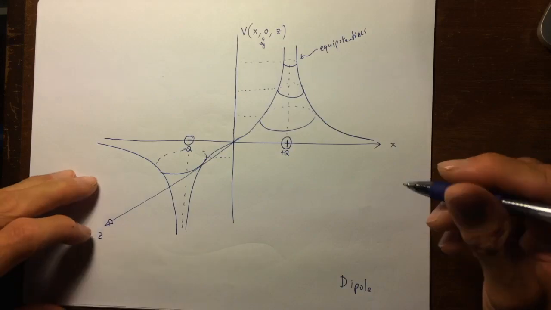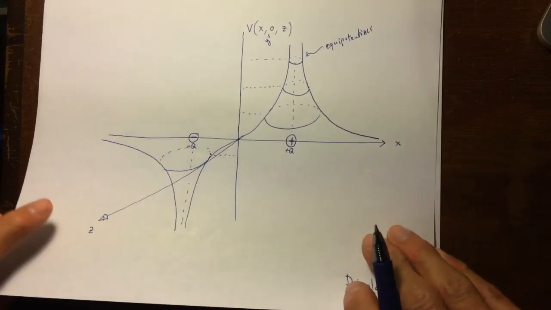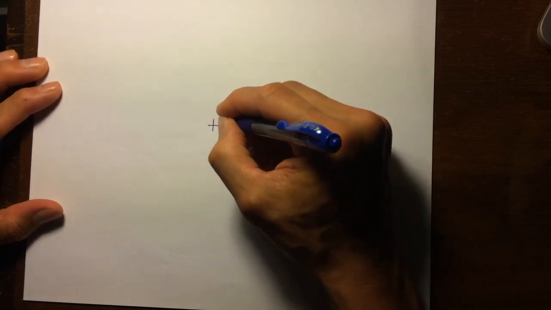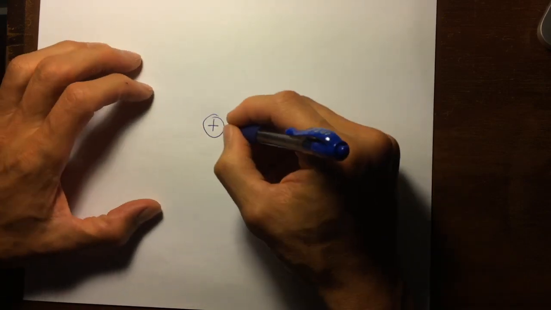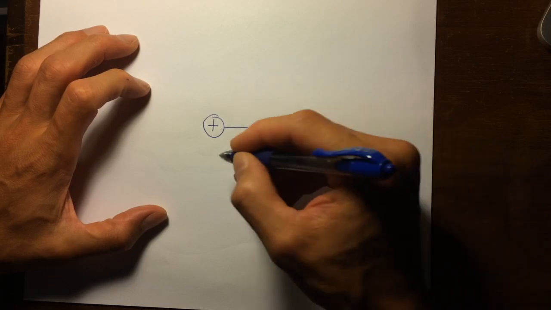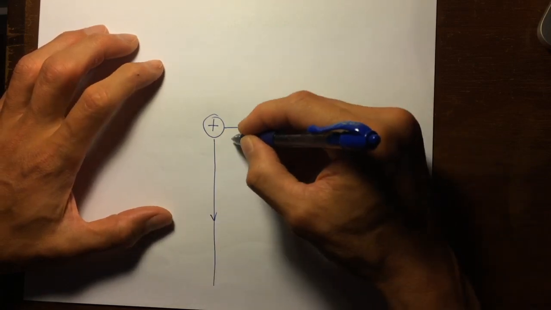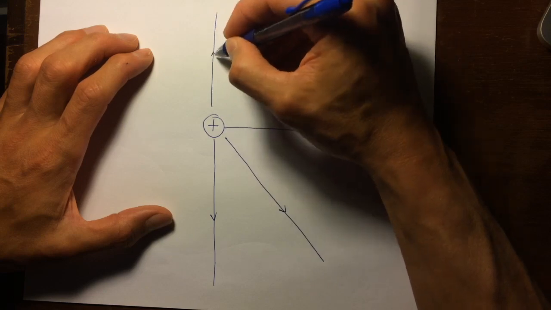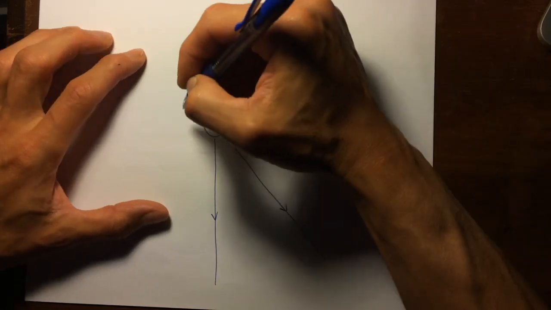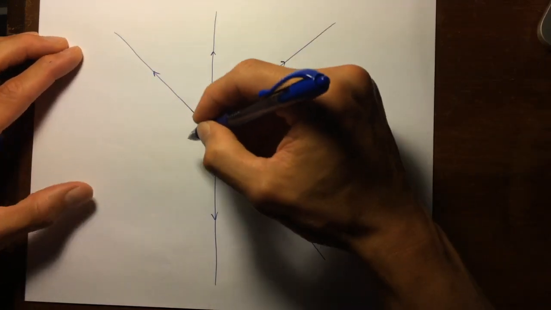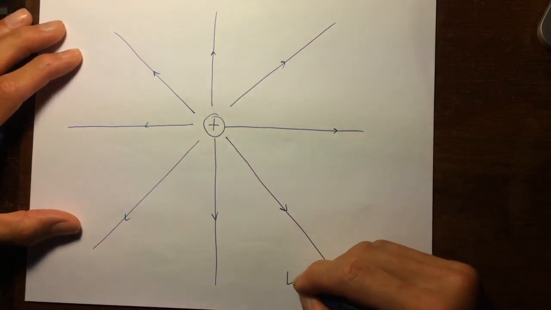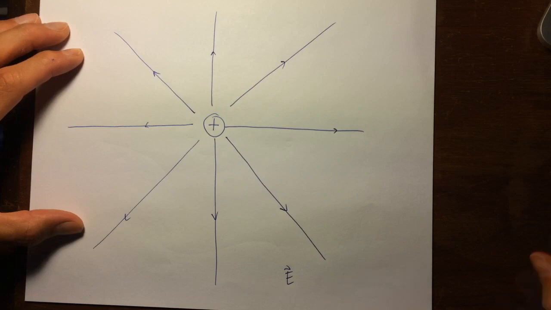All right, so last thing I'm going to say is, here is a point charge, and what I'm drawing are the field lines of the point charge. So this is the electric field.